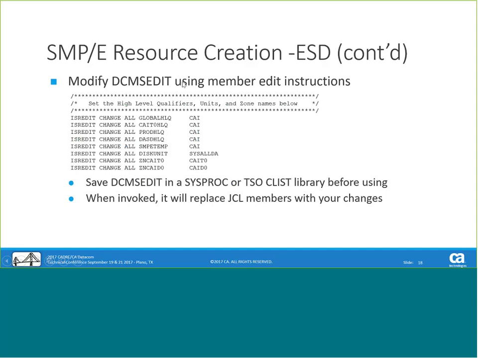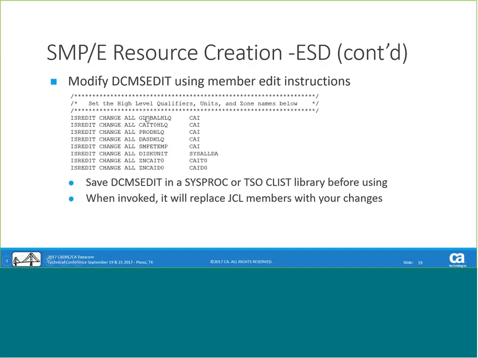We recommend using in this particular data set, the member name is DCMS-edit, to universally change all of the install members so that you are consistent. And it's done with basically an ISR edit. It's to change all functions, just like TSO if you were to do it manually in the command line.